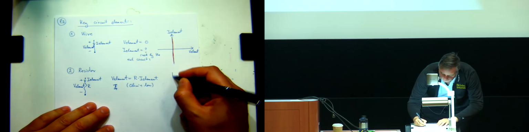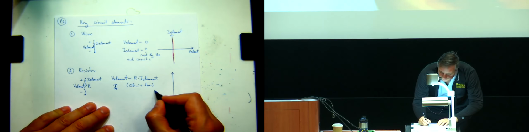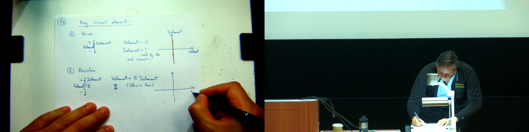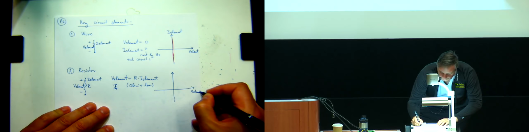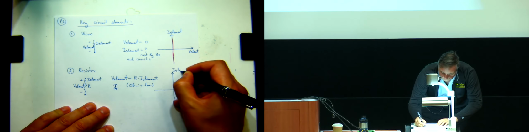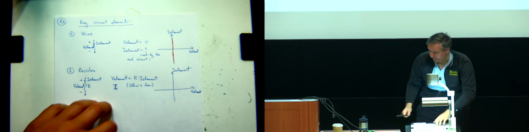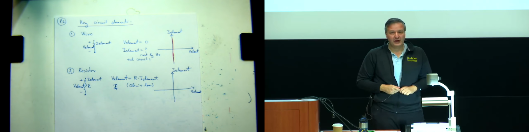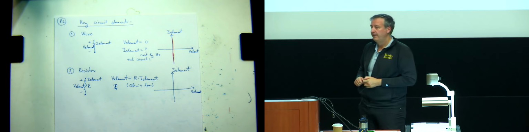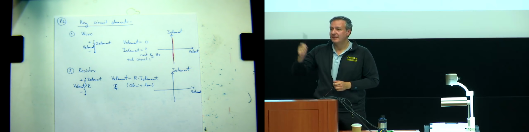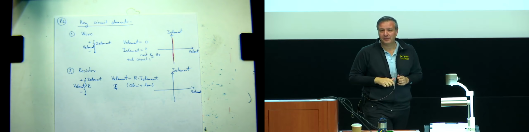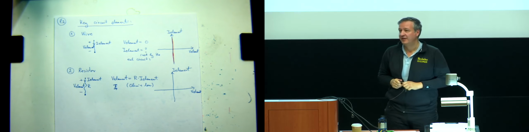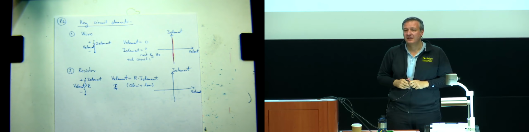That we can again represent on this IV graph. Okay, what's the shape here? Anyone in the back? What's the shape of this relationship? How do we represent it on the graph? Yes?